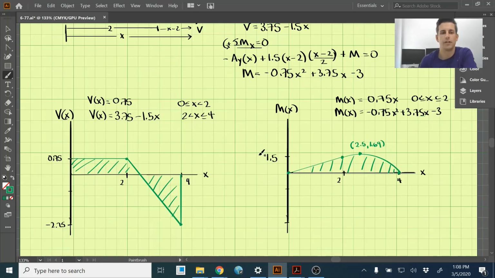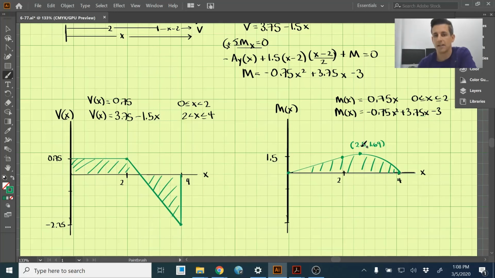And one other interesting relationship of these two diagrams is that the shear diagram is actually the derivative of the moment diagram. For example, our slope from 0 to 2 is 0.75, and if we look at the shear diagram, our value is actually 0.75.